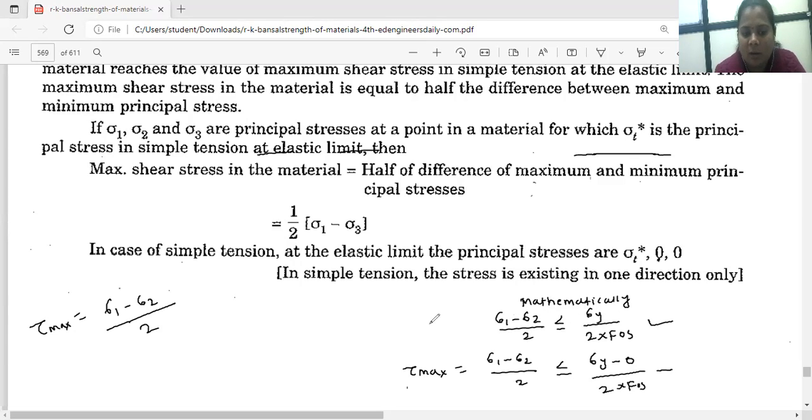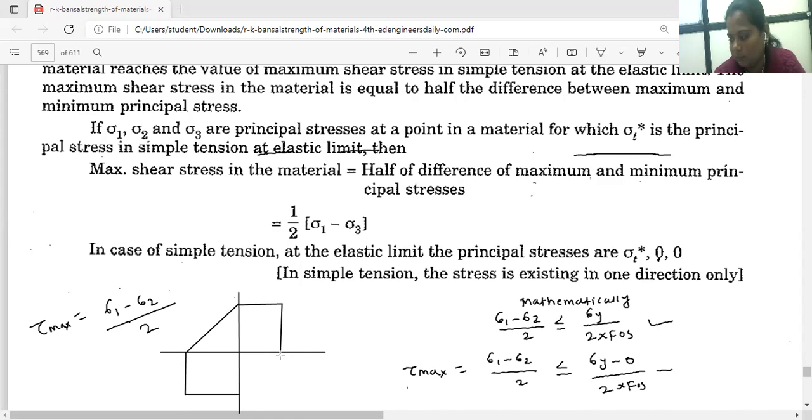Now we will draw the envelope for this particular theory. Suppose this is the y-axis, this is the x-axis.